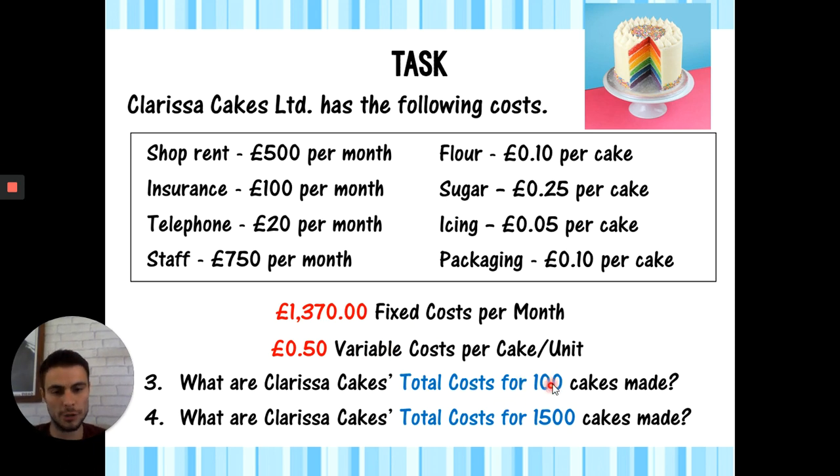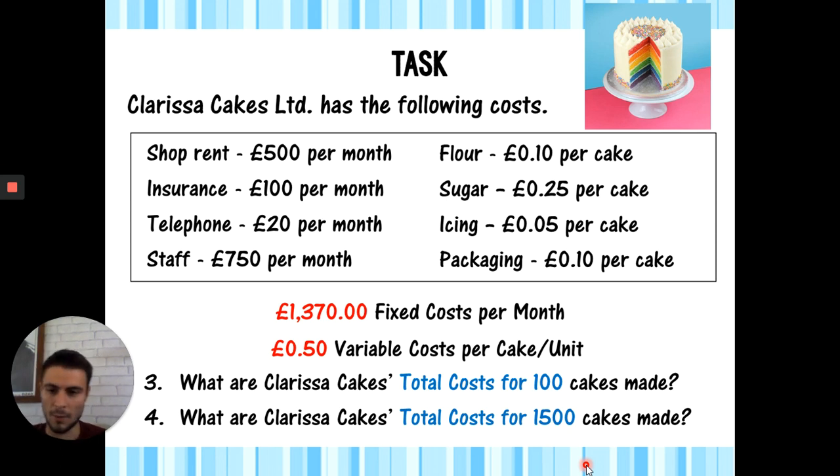So if we sell 100, it'll be 100 times the variable costs because we need 100 of that to make the cake. So 100 times 50p and then add that total onto fixed cost, and that will be total cost, and do exactly the same for number 4, but for 1,500. Again, I'll let you pause it and then have a go at number 3 and 4.